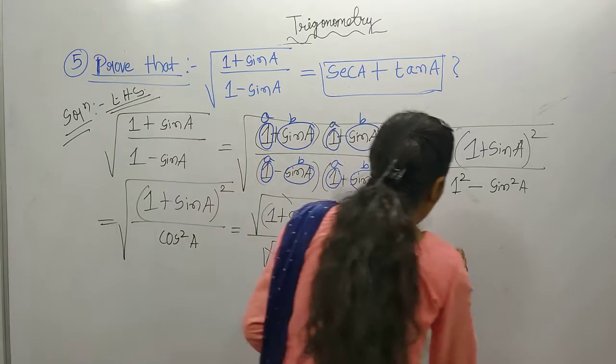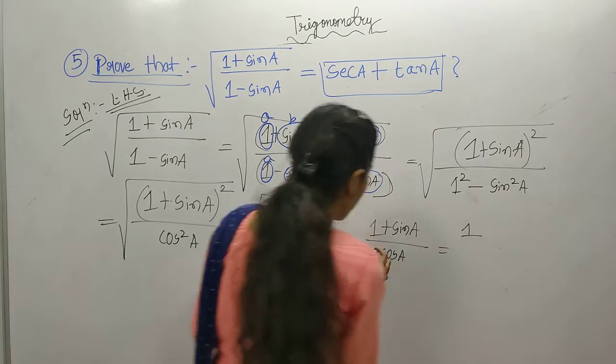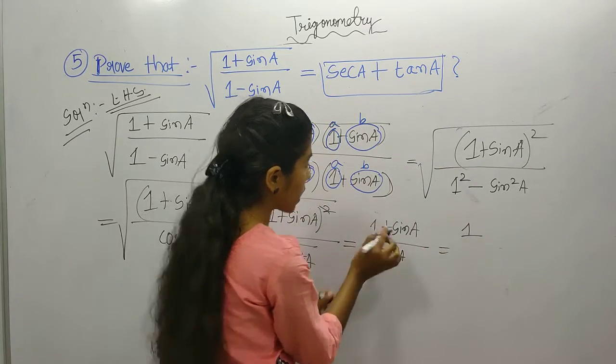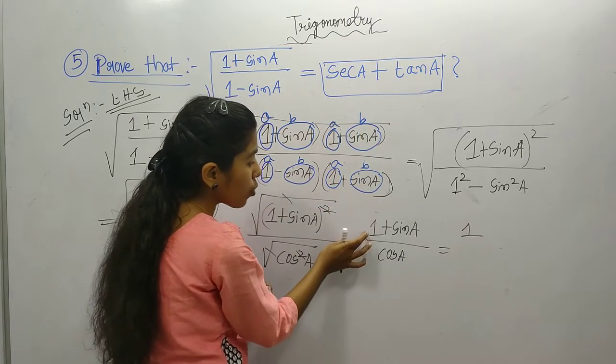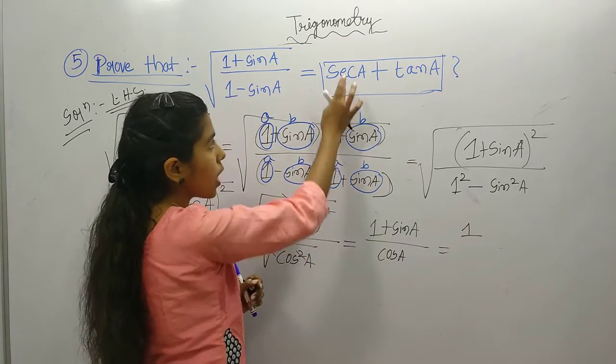So what will it become now? Now you will separate 1 by cos A. See here, now you compare with the RHS, sec A plus tan A. If we divide 1 by cos A, sec A will come.